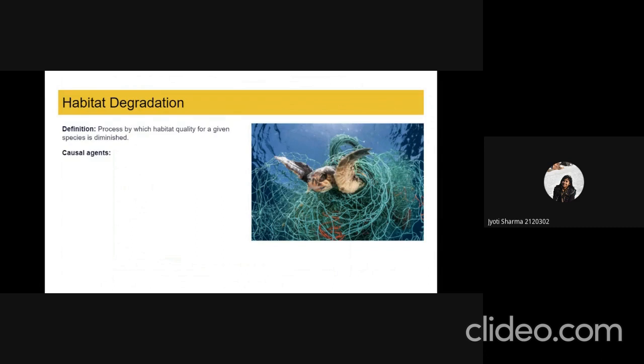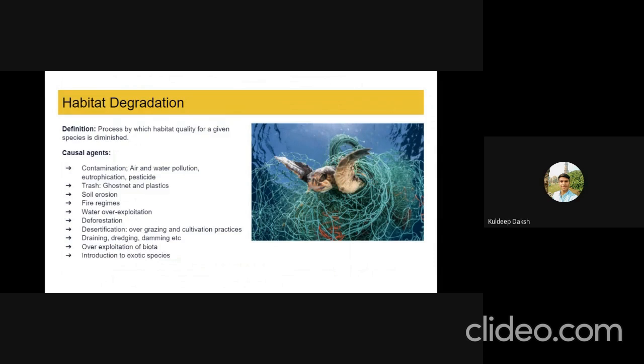And what are the different causes that are leading to habitat degradation? Ma'am, the major one is first the temperature increase because of some climatic condition, how the quality will be diminished. Like a change in rainfall patterns. Okay, so we have some causal agents.